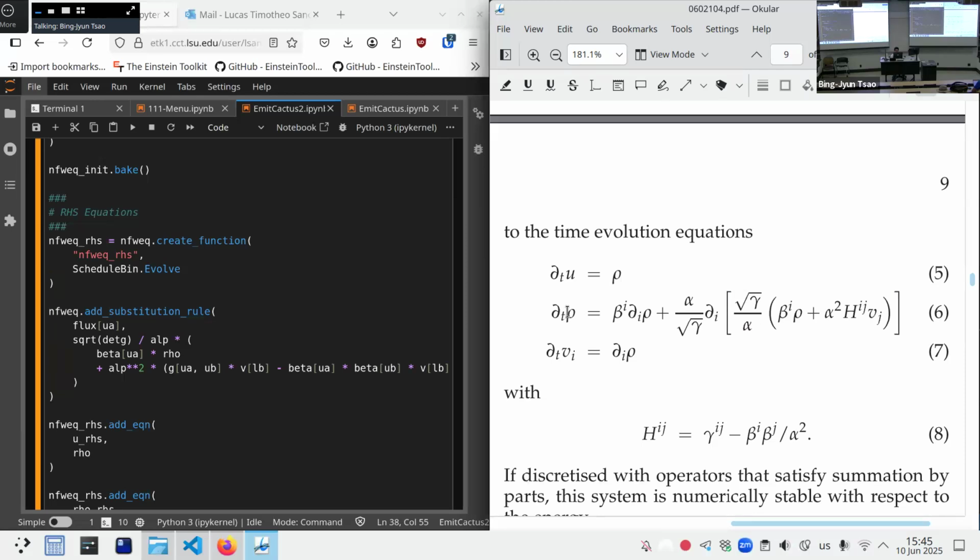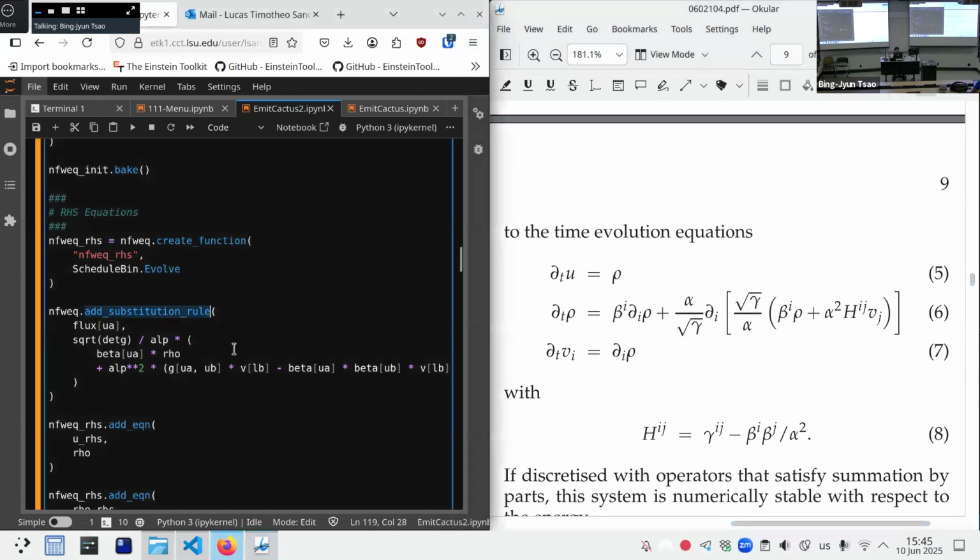And the way that I am doing this is I am creating a substitution rule for a variable that I've created previously called the flux, which takes an upper index, right? And I am just writing that quantity here. And I am taking the derivative of this flux quantity.